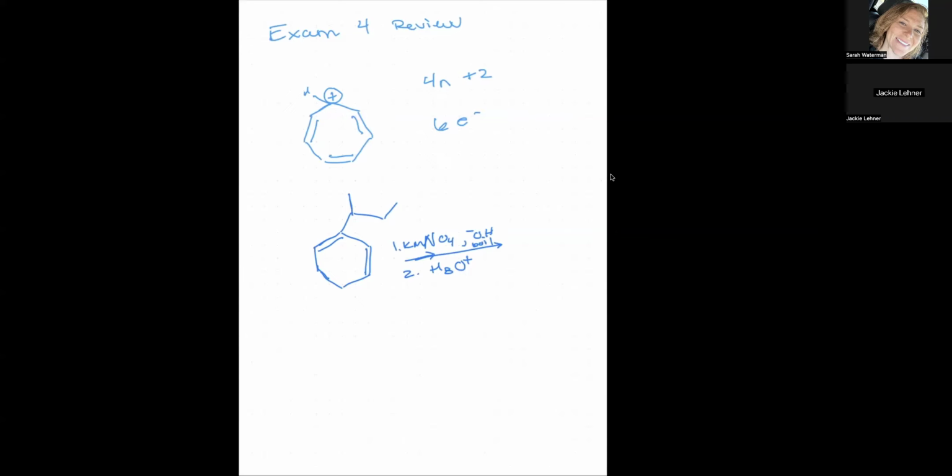Yeah, that's what I put, but I wasn't 100% confident because I kind of forgot the mechanism. Yeah, I think this is one of the mechanisms that you don't actually know. I don't think you have to know too much. Let me see, because I don't remember good mechanisms for this one.